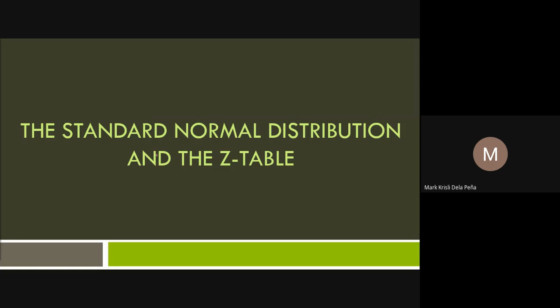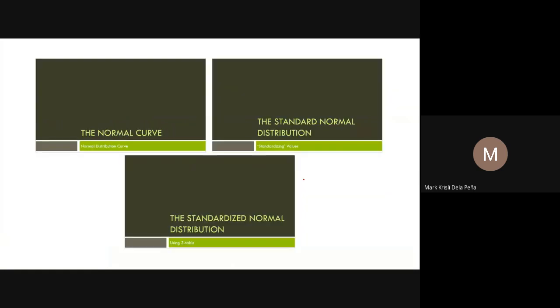In this video, we will be discussing our second topic, and that is the standard normal distribution. In our previous lesson or topic, we had discussed the normal curve. We learned how to graph a given value into a normal curve using the Gaussian function.